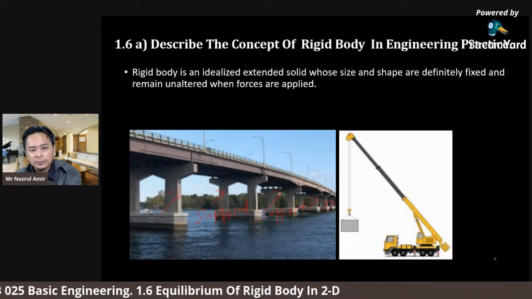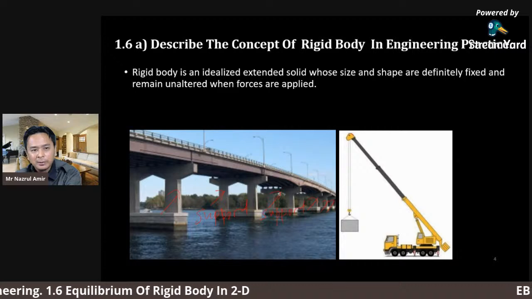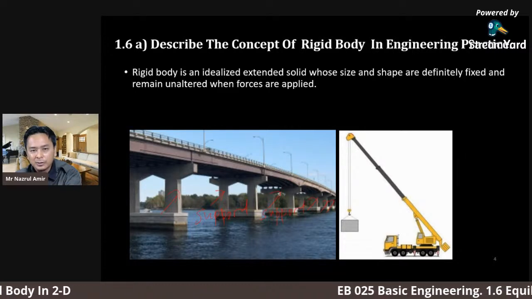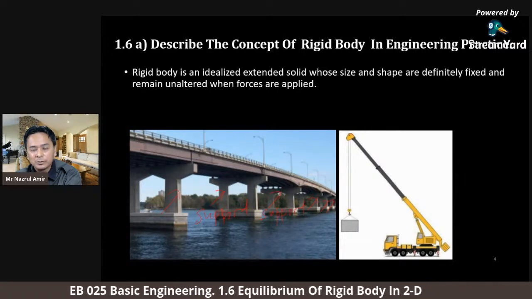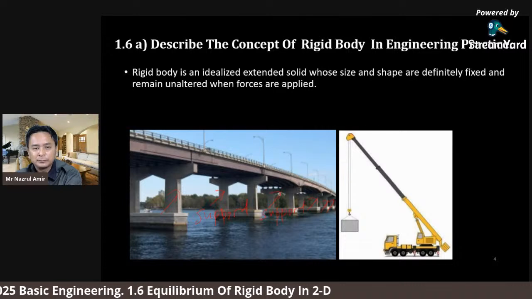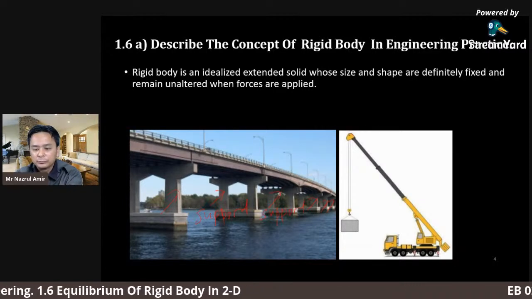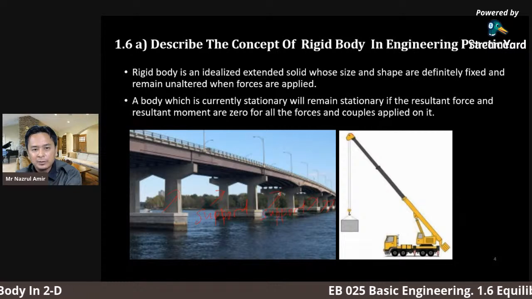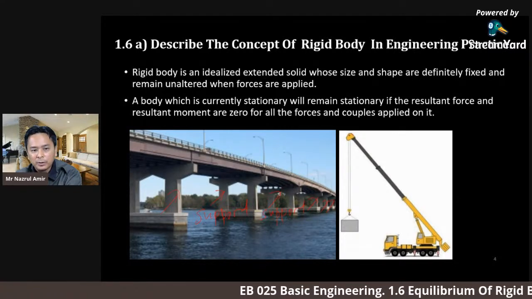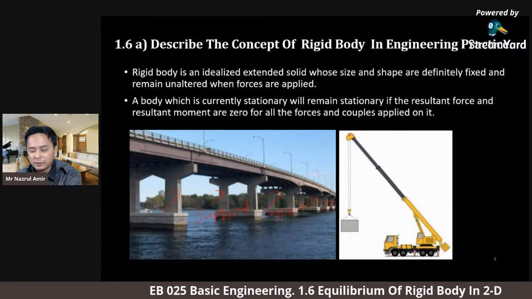A rigid body can be defined as an idealized extended solid whose size and shape are definitely fixed and remain unaltered when forces are applied. A body referred to as a rigid body is currently stationary.